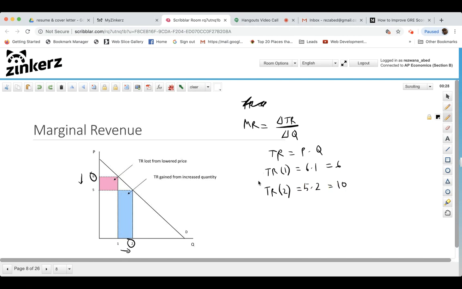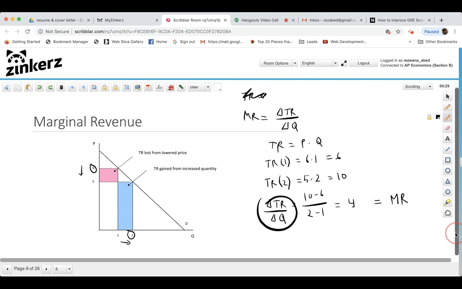Okay, so then the change in my total revenue is what? 10 minus 6, right? So if I do change in total revenue divided by the change in quantity, it's 10 minus 6 divided by 2 minus 1, which is 4. And this is my marginal revenue.